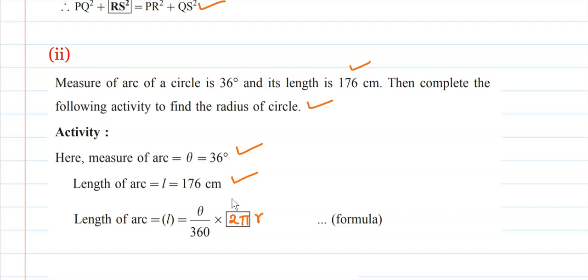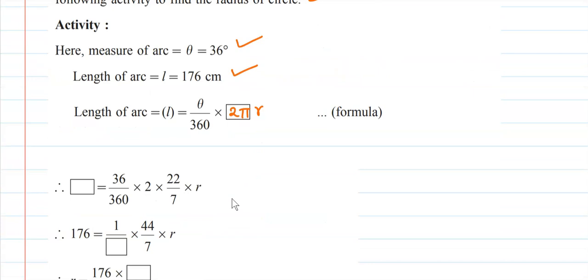Now the next, the length of arc which is given to us, that is equal to 176, 36 upon 360 into 2 into 22 upon 7 into r. Here we will do the division. That is, you will get here 1 upon 10 into 44 upon 7 into r.